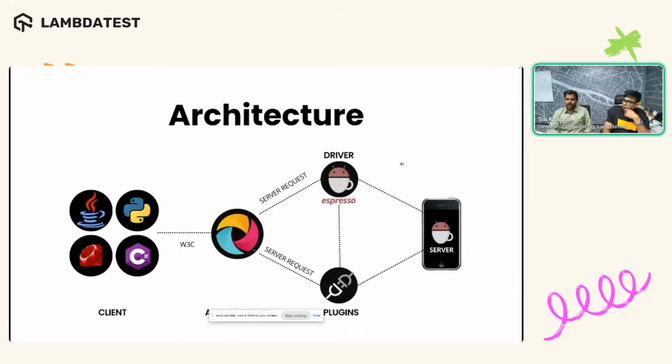So you can always activate certain drivers and certain plugins, which will load when you start the Appium server. We are not going to use every driver at the same time, so that is important.